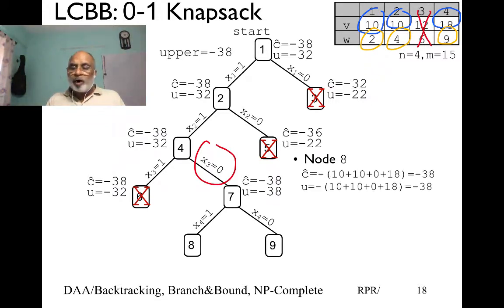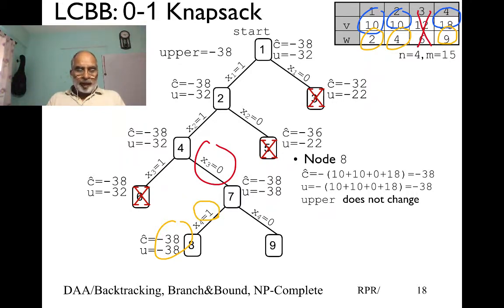Similarly, my upper bound also becomes minus 38, which remains the same, and I'm fine. So for node 8, my value becomes 38 and 38 as before.